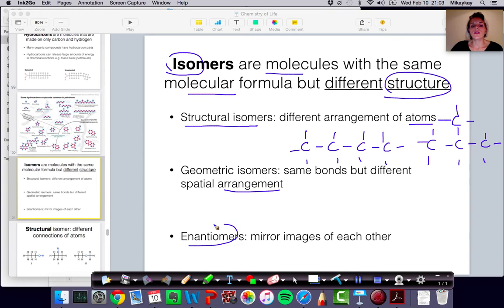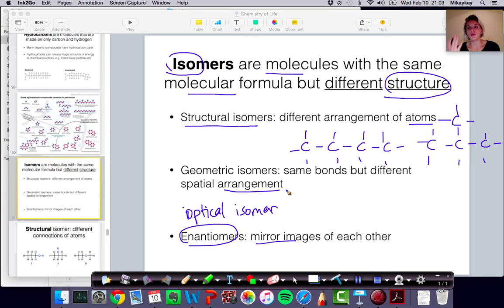And then you can also have enantiomers, which refers to a specific type of isomer, also sometimes called an optical isomer. And these are molecules that are exactly the same, except that they are mirror images of each other, right? So if you look at yourself in the mirror, it is not the same.